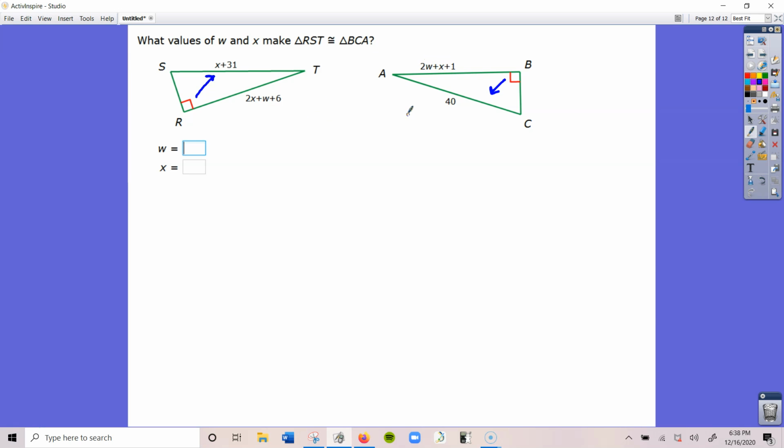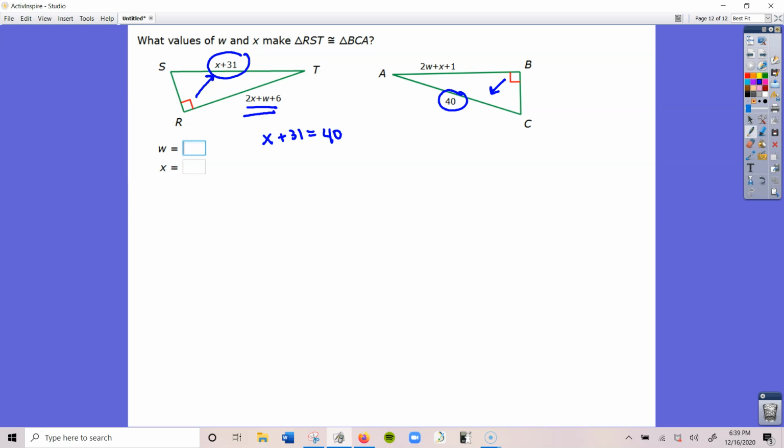The trick to these is to find the equation that has only one variable. You can write them both at the same time, right? Like I could say x plus 31 has to equal 40.